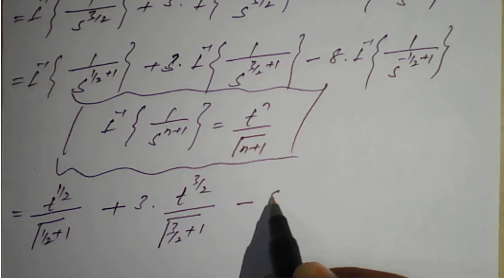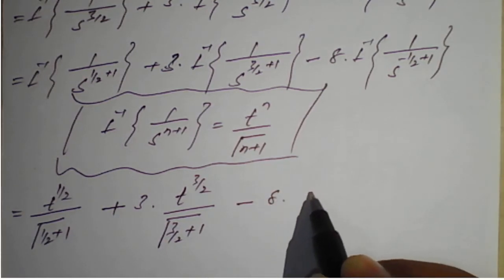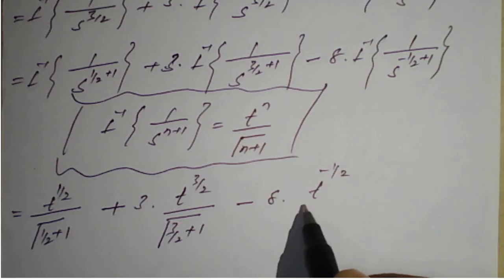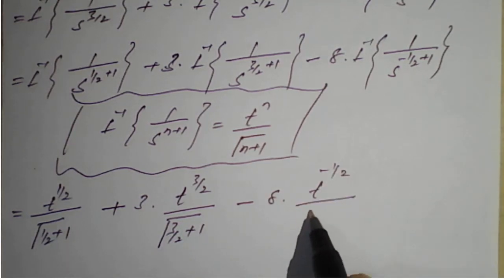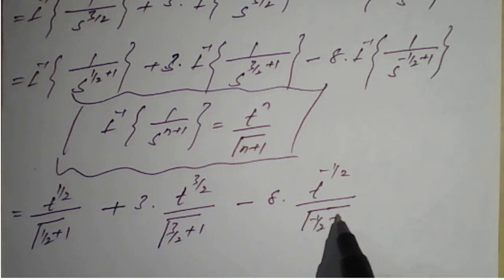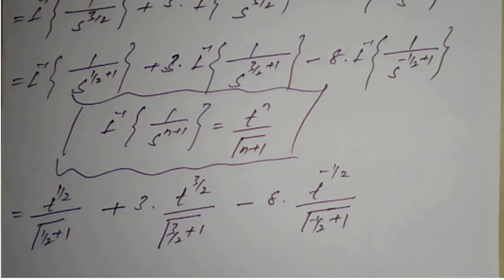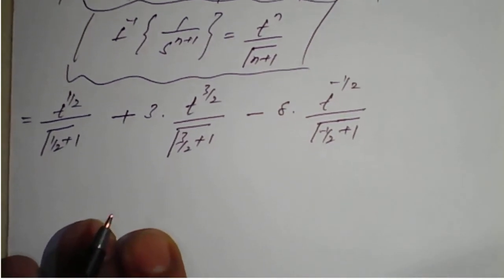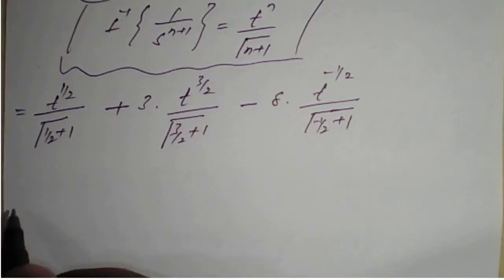Next, third term, minus 8 into, so it is t raised to minus 1 by 2 divided by gamma of minus 1 by 2 plus 1. So once we got this, we need to go for our simplification.